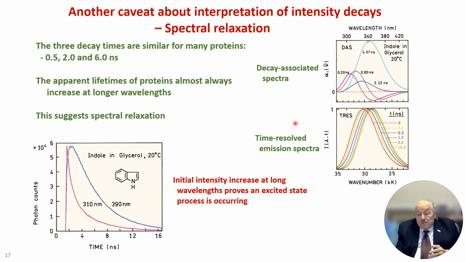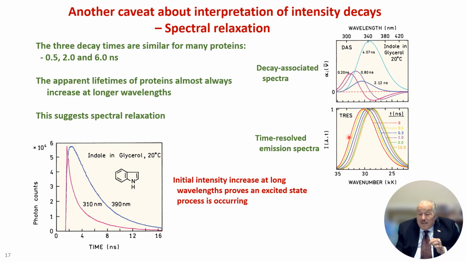Not to get too deeply in the weeds, normally the lifetimes are held as global parameters, but what you get out of this is an emission spectrum which is associated with each of these nanosecond components in the multi-exponential decay. And this is the total decay here, but let's look at these other ones.